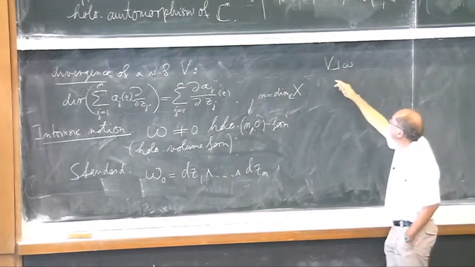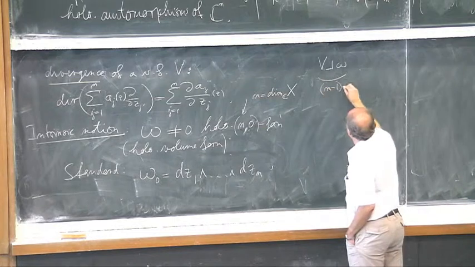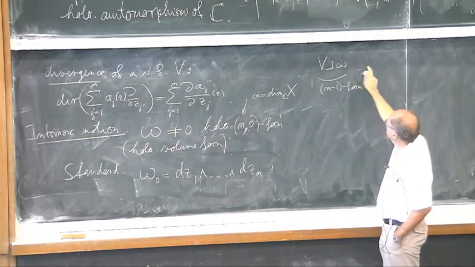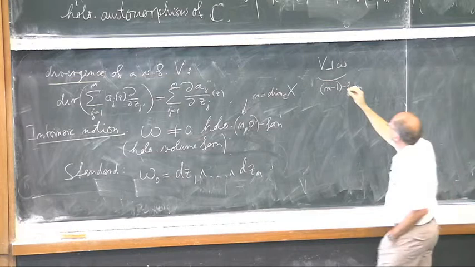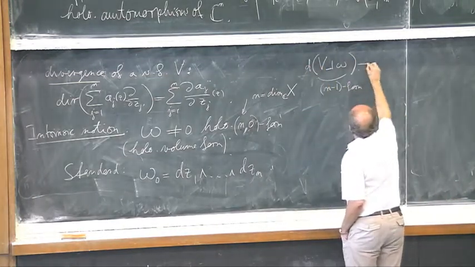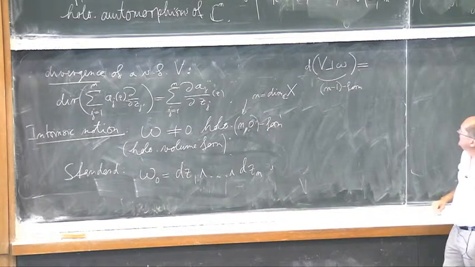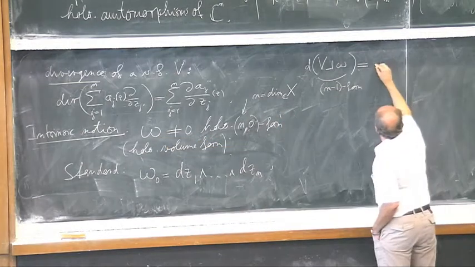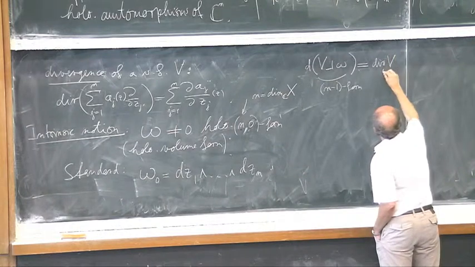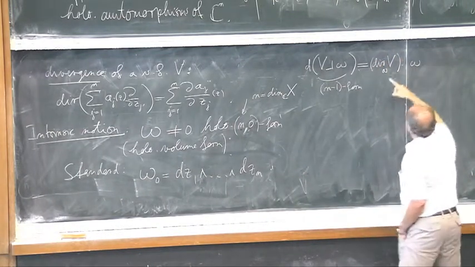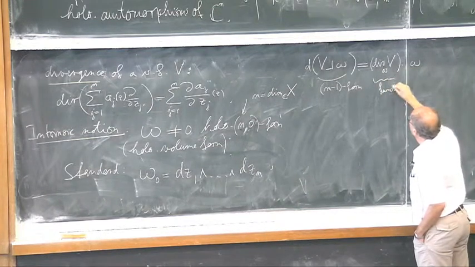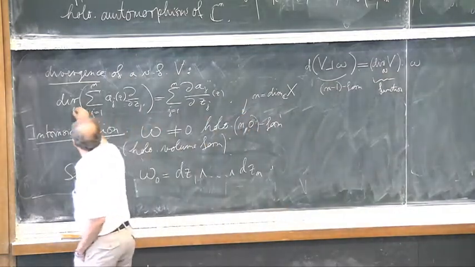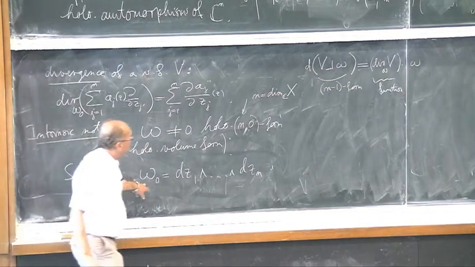So this is now an n-1 form, because it acts on other vectors so that you place v in the first slot and then you place other vectors later. You differentiate it back, so you get an n-form, but each n-form is a multiple of this non-zero n-form. So you get a function, and this function you call the divergence of your field with respect to omega, times omega. If you do the calculation for the standard form, you get really this divergence. So this is the divergence with respect to the standard form.